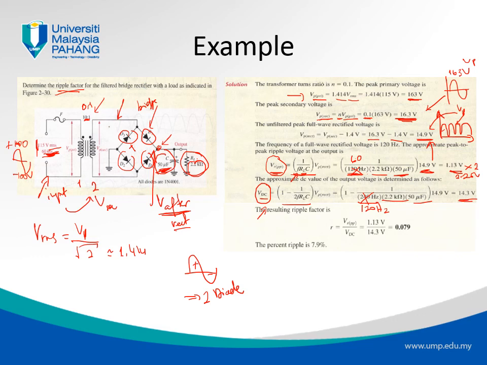To find the final ripple factor, we just take this value divided by the value that we found below, and to write it as a percentage, just multiply by 100.